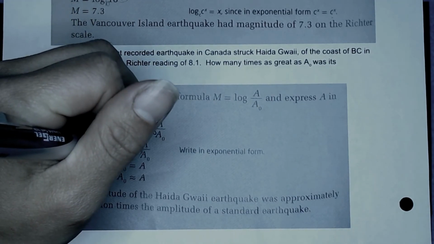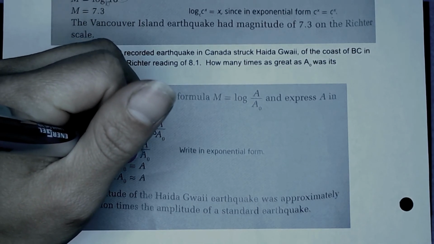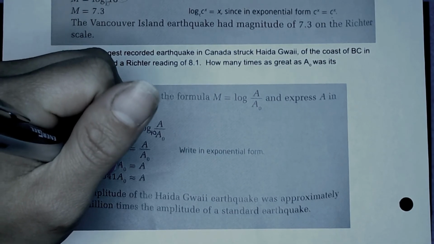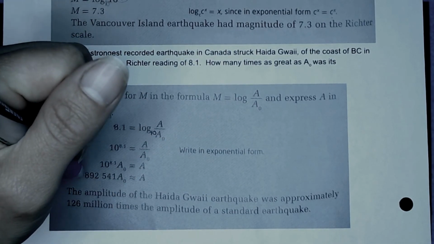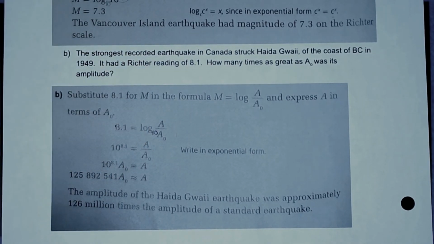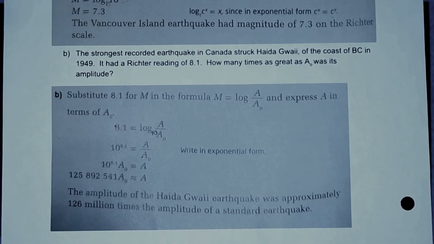Once you've done that, you can just isolate the A. So you'll multiply both sides by AO. 10 to the power of 8.1 AO is equal to A. And then 10 to the power of 8.1 is approximately equal to 126 million. So it was 126 million times the amplitude of a standard earthquake.